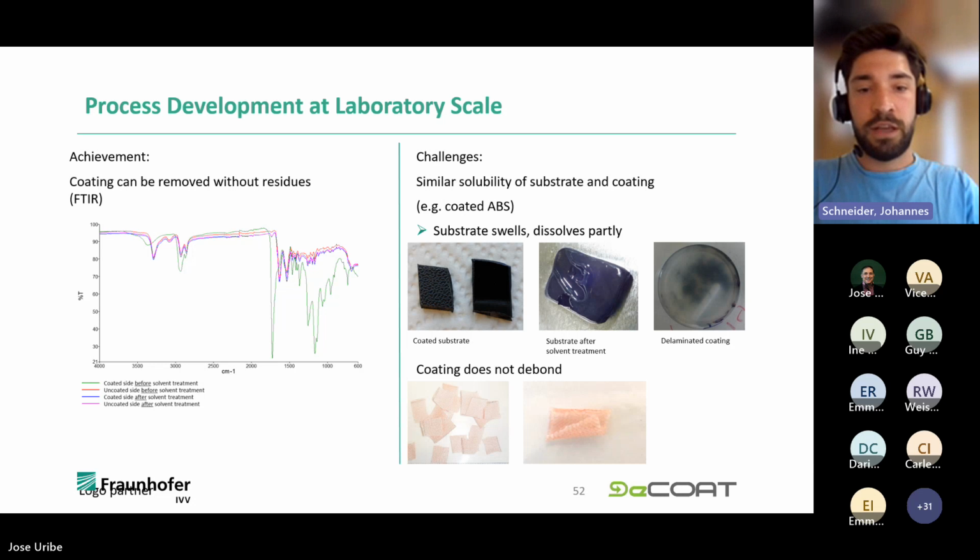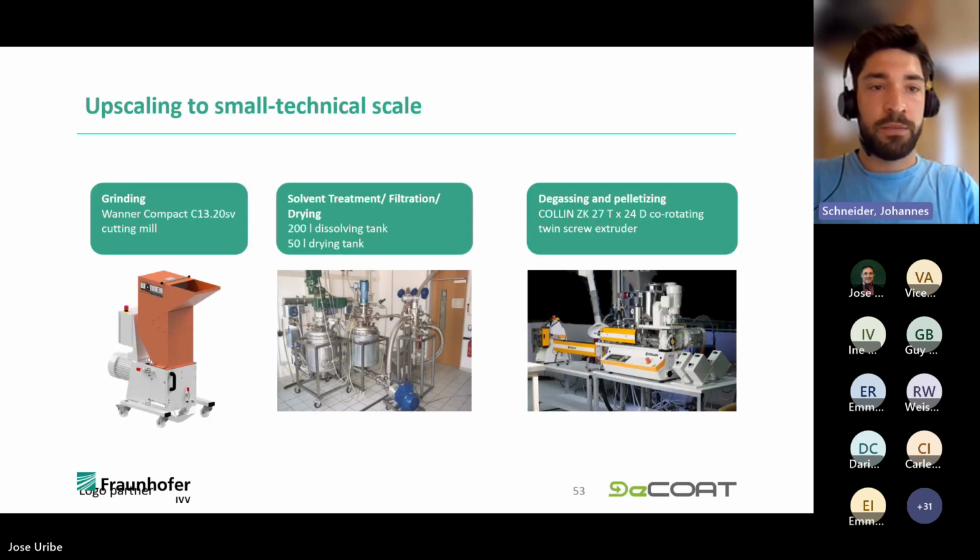And then in the next step, that you can see on the next slide, we upscaled that process to a small technical scale, to our small technical plant, after finding suitable processing conditions for the samples in our projects.